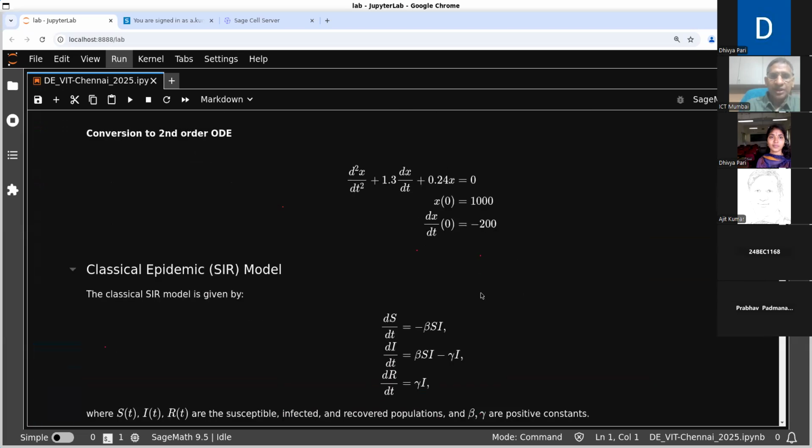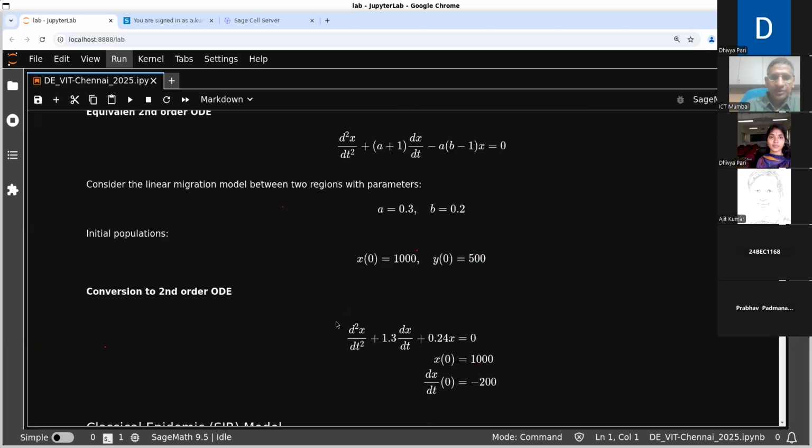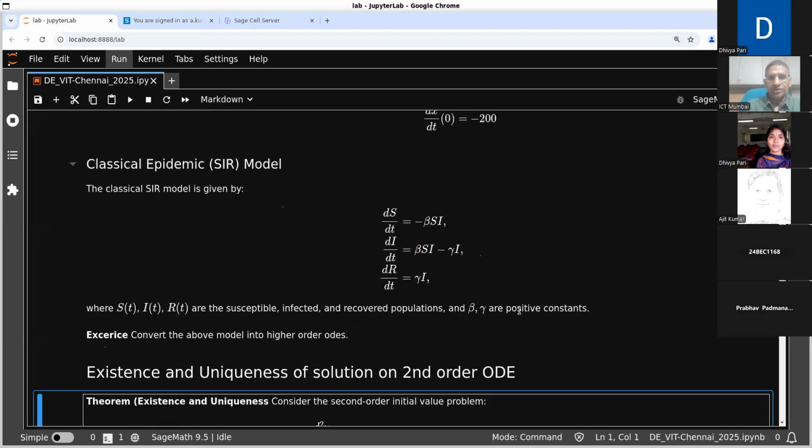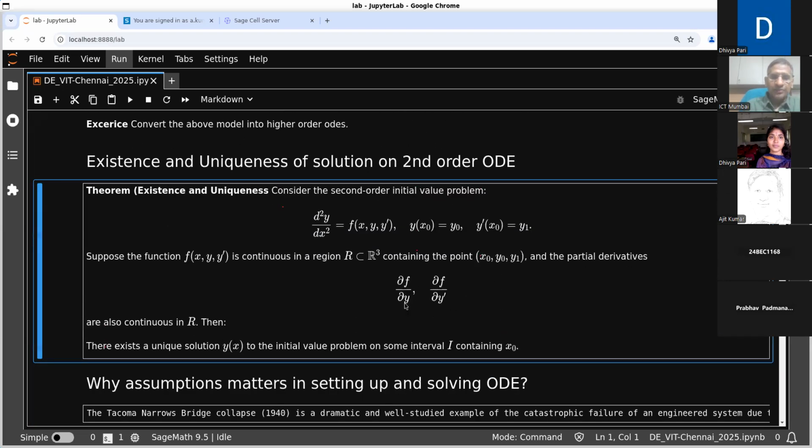For example, which we have seen, d2x by dt square equals, you can put everything on the right hand side, f of t, x, x dash, which is the negative of 1 minus 3 dx by dt minus 0.24 x, right?